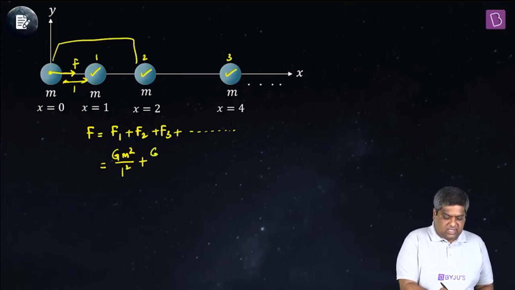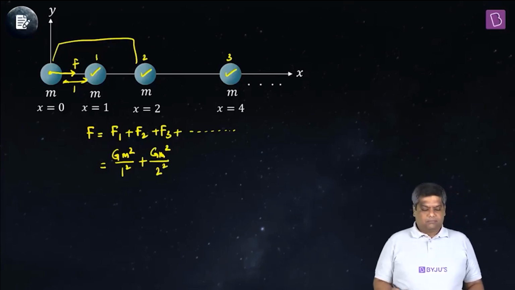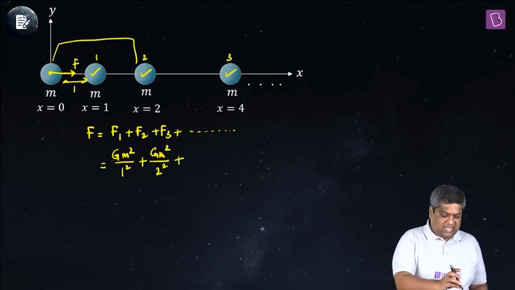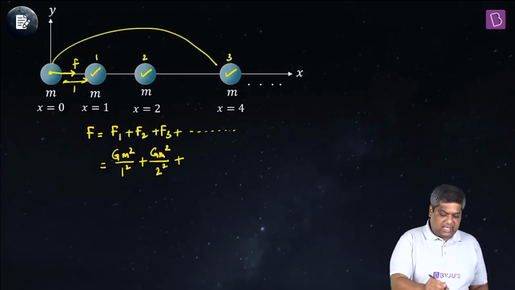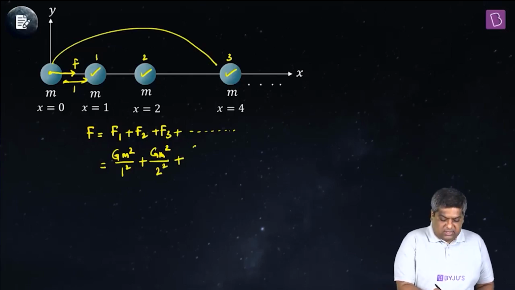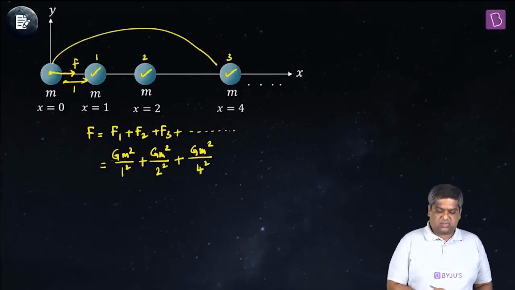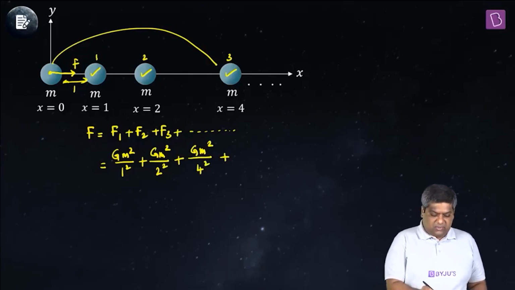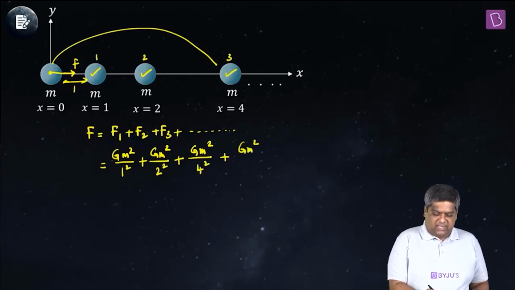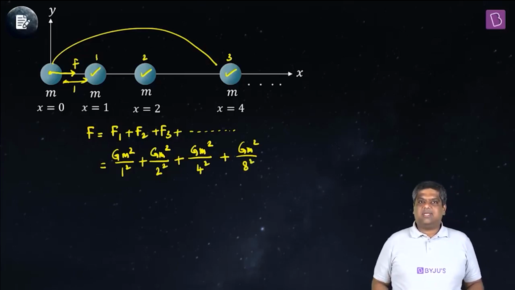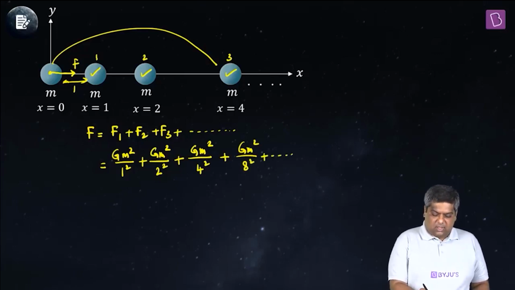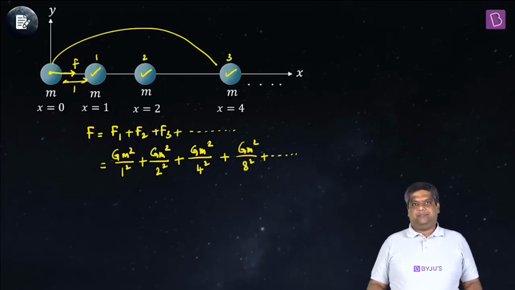So it is G M squared, and the distance between them is 2, so 2 squared. Plus F3 is the force between this and this. So it is G M1 M2, which is again M squared, divided by the distance 4 squared. Let's write one more term. The fourth term will be G M squared, and the distance is 8, which is 8 squared. So on until you reach infinity.